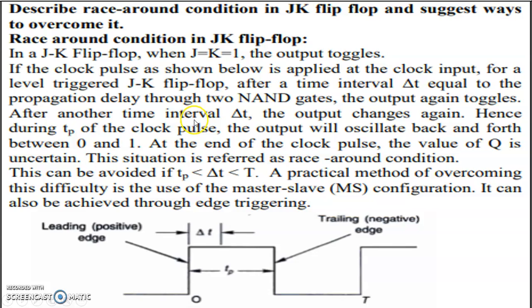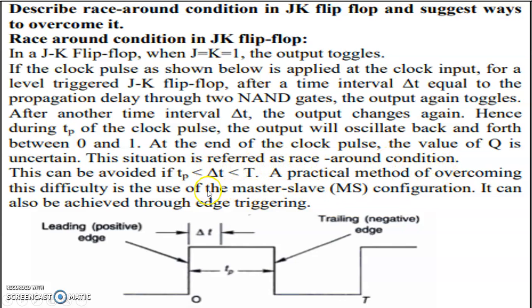After another time interval delta t, the output changes again. Hence, during the clock pulse width Tp, the output will oscillate back and forth between 0 and 1. At the end of the clock pulse, the value of Q is uncertain. This situation is referred to as the race around condition.